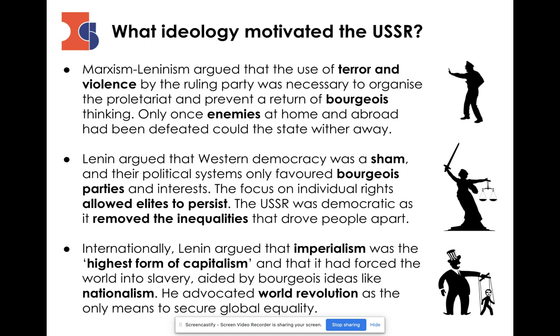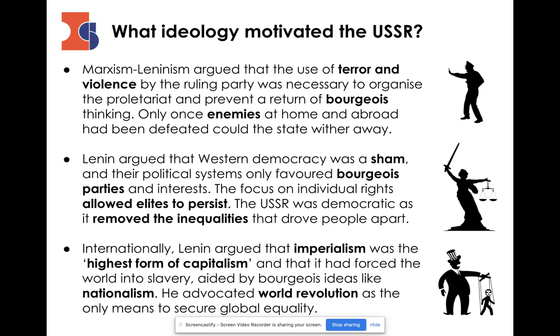And we see this in the Russian Civil War that followed the Russian Revolution. The West and many middle classes in Russia tried to take back power. So Russia became the world's first communist state, but it was a very paranoid state to begin with because it did have enemies at home and abroad. And Lenin argued, well, unless we turn other countries communist, then we will never be safe because the capitalist countries would always want to get rid of us.